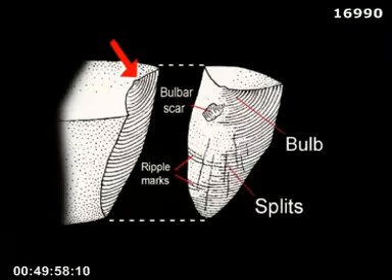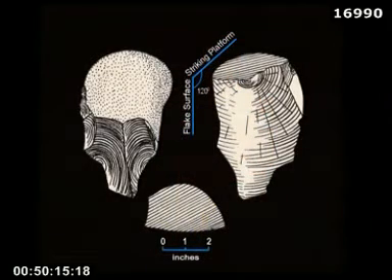Such flakes will have a prominent bulb of percussion on the main flake surface. The angle between the main flake surface and the striking platform is more than 90 degrees, or roughly 120 degrees.